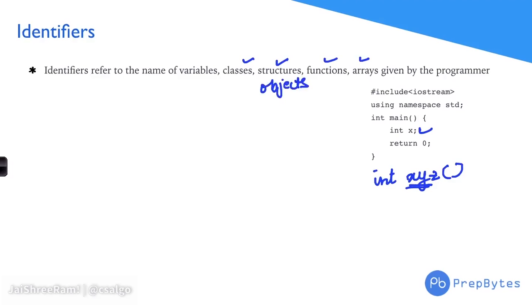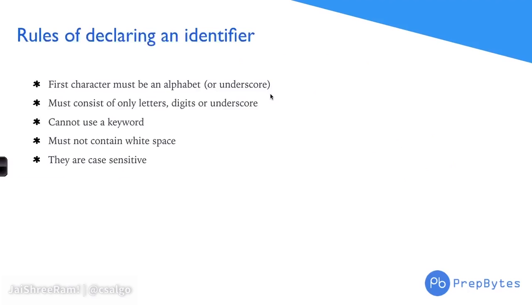Now, when you are creating an identifier, there are certain rules that you have to follow. Let's see those rules. First, the first character must be an alphabet or underscore. It must only contain letters, digits, or underscore. It cannot be a keyword. It must not contain white space. And identifiers are case sensitive.